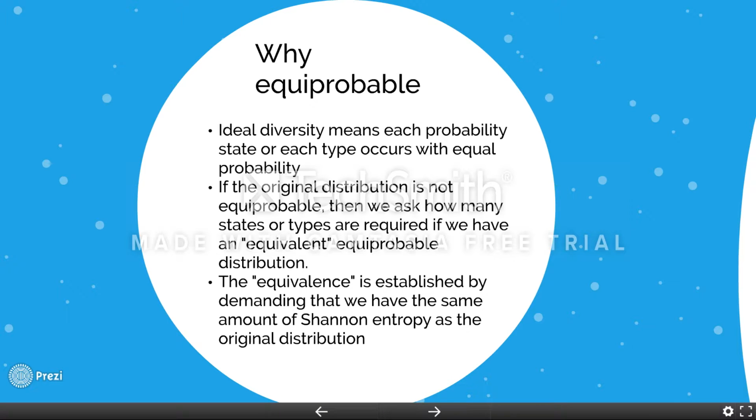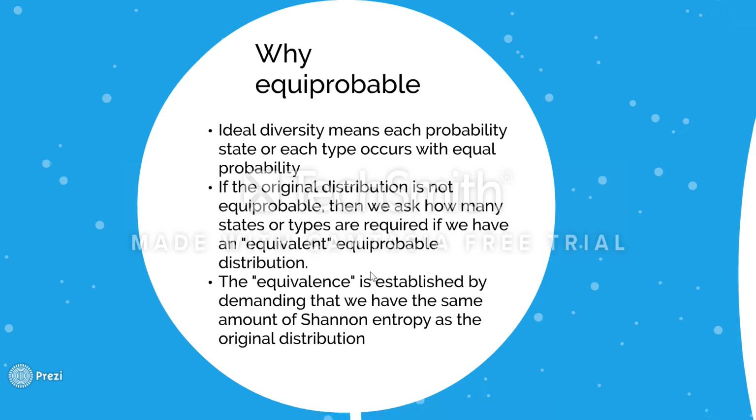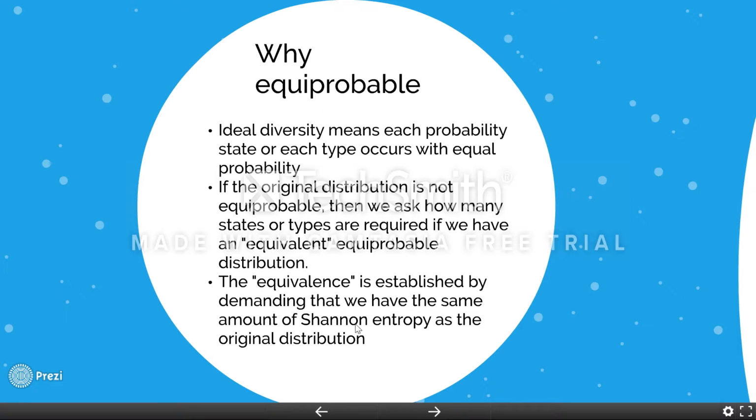So if the original distribution is not equiprobable, then we ask how many states or types or values of the random variable are required so that we maintain the same amount of Shannon entropy as the original distribution. The answer to that question is exactly what we call the diversity.